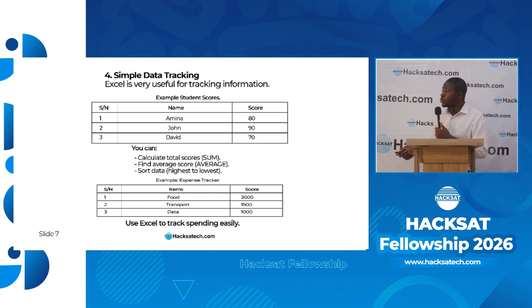You can calculate the total score by using sum, find the average score by using the average formula, then sort the data from highest to lowest. Another example is an expense tracker. Use Excel to track spending easily. You need to understand this very well.